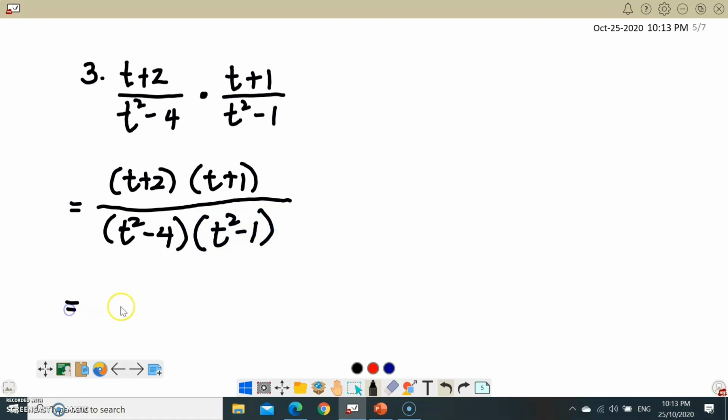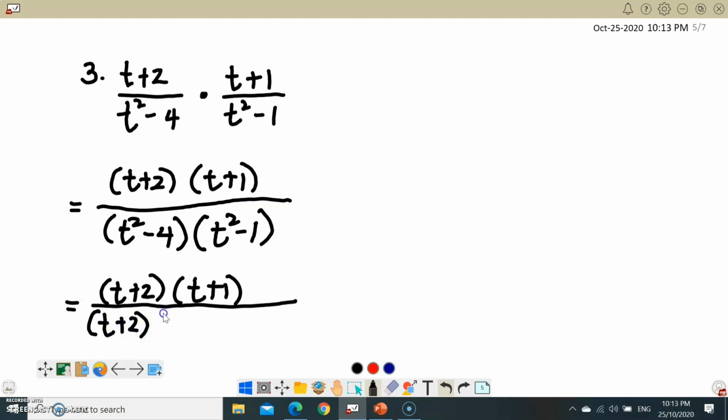So we simplify. Find the factors. T plus 2 and t plus 1 are both non-factorable, so we copy t plus 2 multiplied by t plus 1. So factors of t squared minus 4 is t plus 2 multiplied by t minus 2. Factors of t squared minus 1, so t plus 1 multiplied by t minus 1.